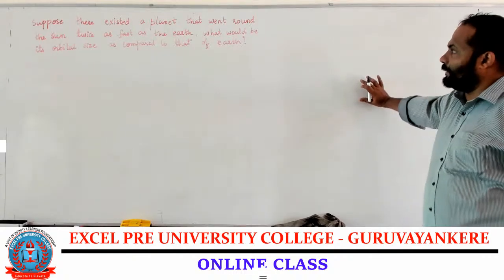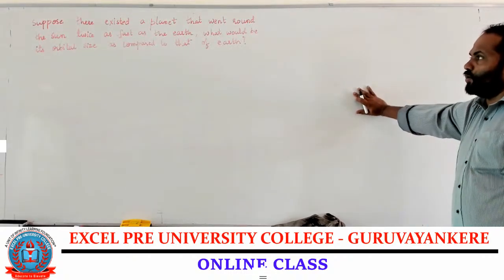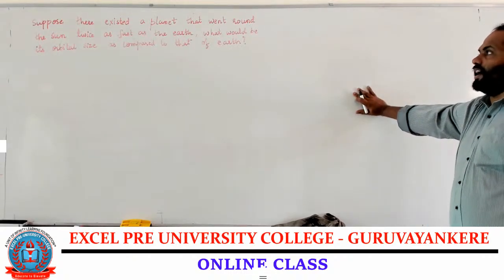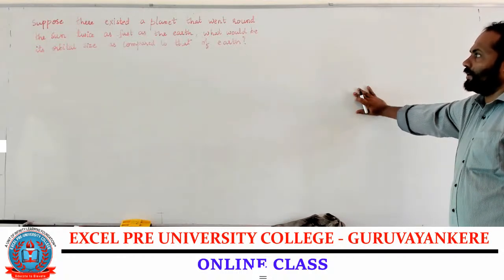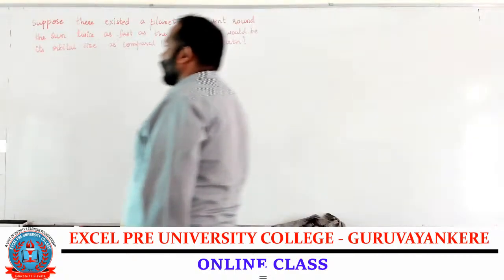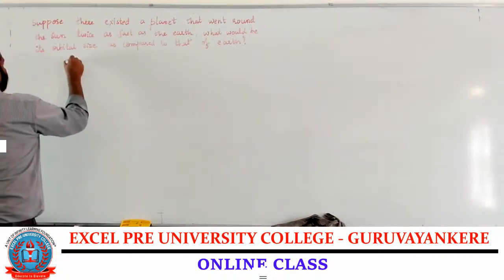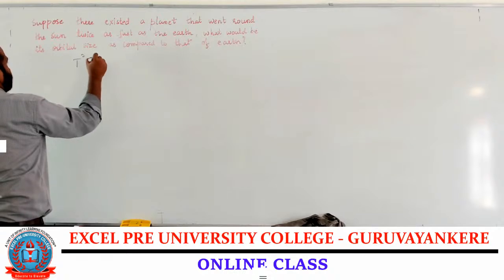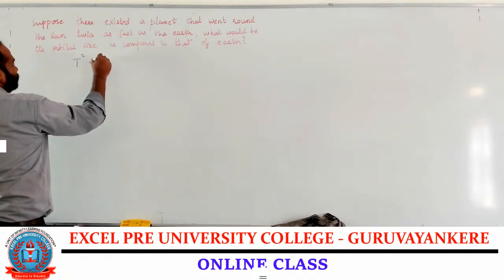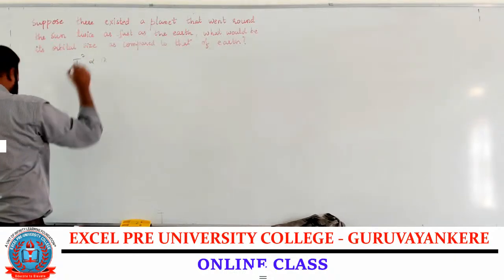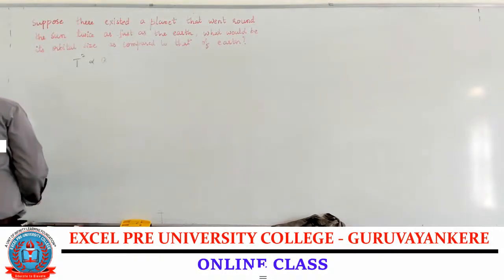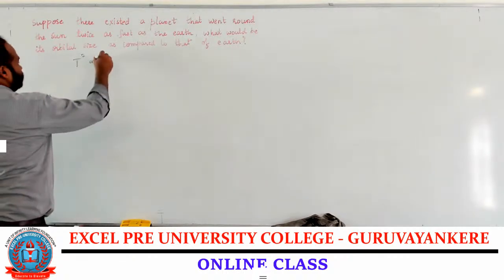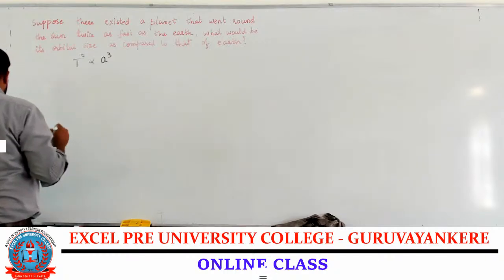Suppose there existed a planet that went round the sun twice as fast as the earth. What would be the orbital size as compared to that of the earth? So this is T squared proportional to a cubed.